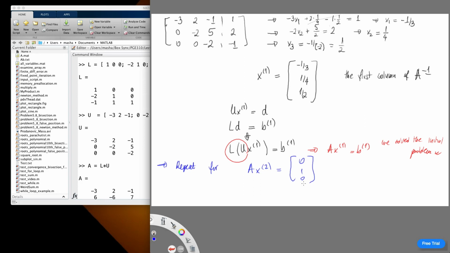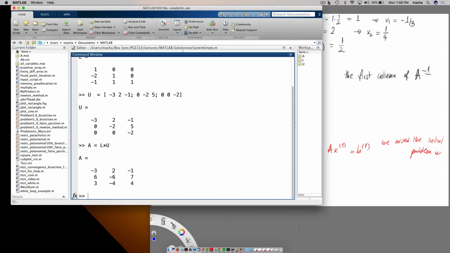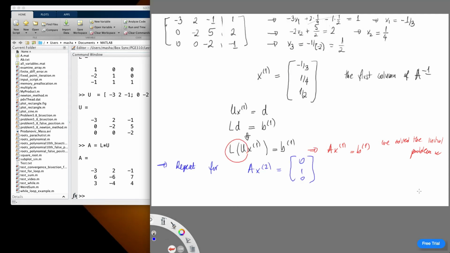And I'm just gonna, again, help myself with software here. So basically, what we would do is, in step 1, we would solve LD is equal to 0, 1, 0.